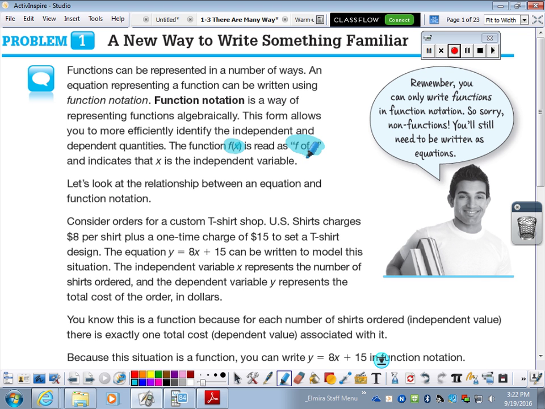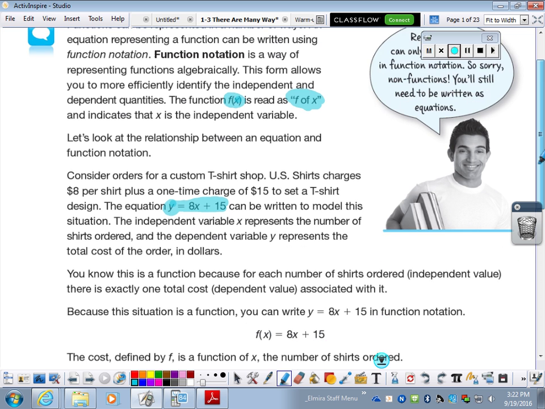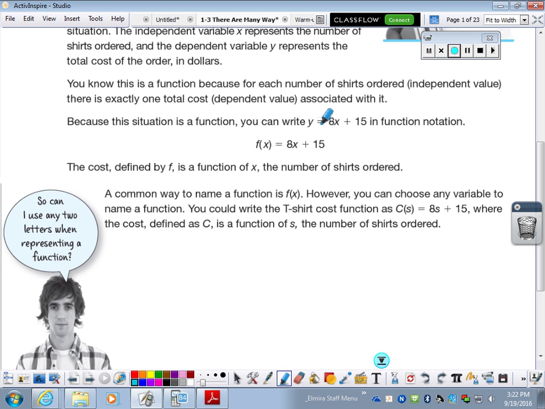So instead of saying y equals an equation, you can rewrite it as f of x equals. If you have y equals an equation, you can change it to f of x equals.